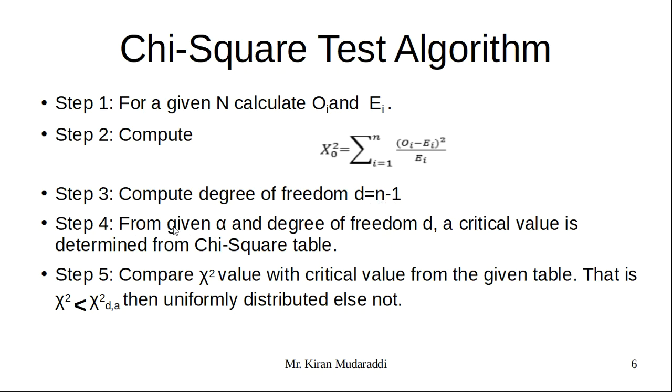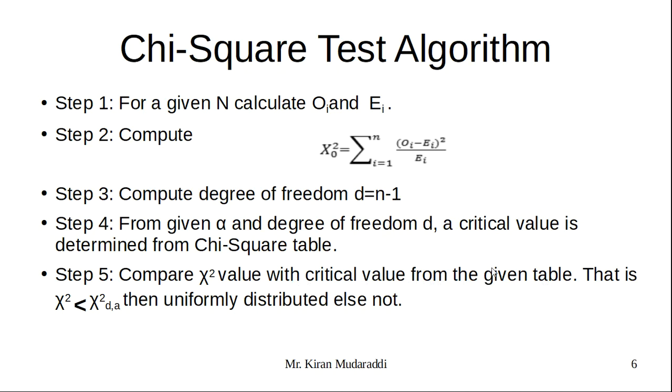In step 4, from a given alpha, which the problem statement will give, we use the chi-square table. With the degree of freedom D, a critical value is determined from the given chi-square table. In the examination also, they are going to give the chi-square table if they ask you a problem on the chi-square test. In step 5, our job is to compare the chi-square calculated in step 2 with the critical value from the given table.